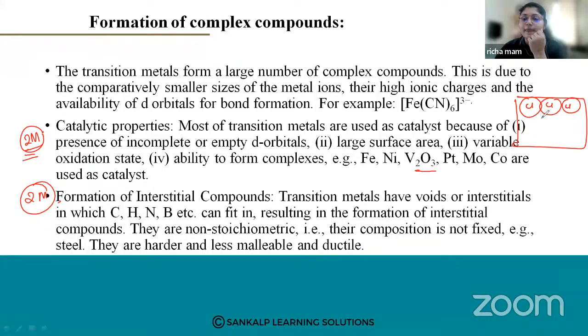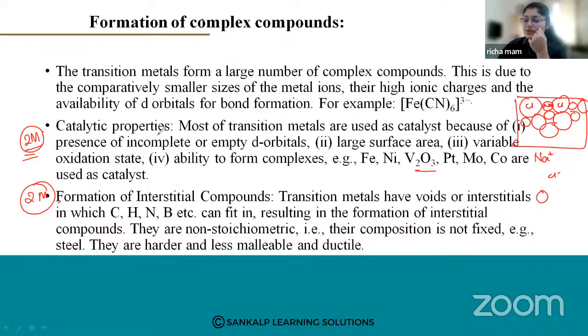Then comes Na plus, then Cl, then Na plus, Cl, like this. So this is a crystal lattice of NaCl. Na will have a smaller size because cations are always smaller compared to anions, and anions have a larger size. So this is a crystal lattice like this.